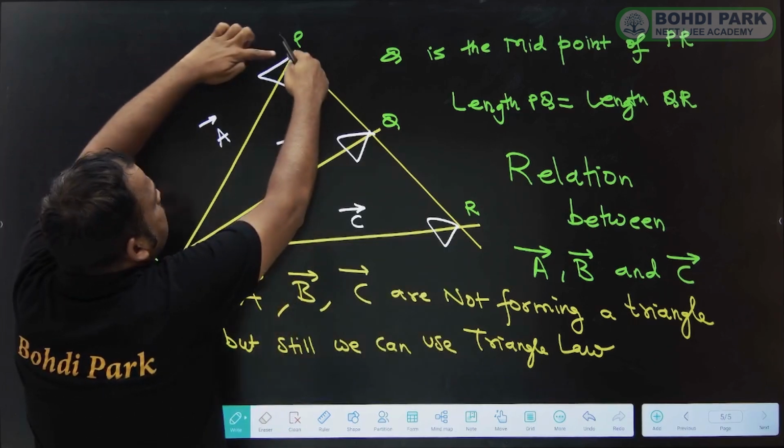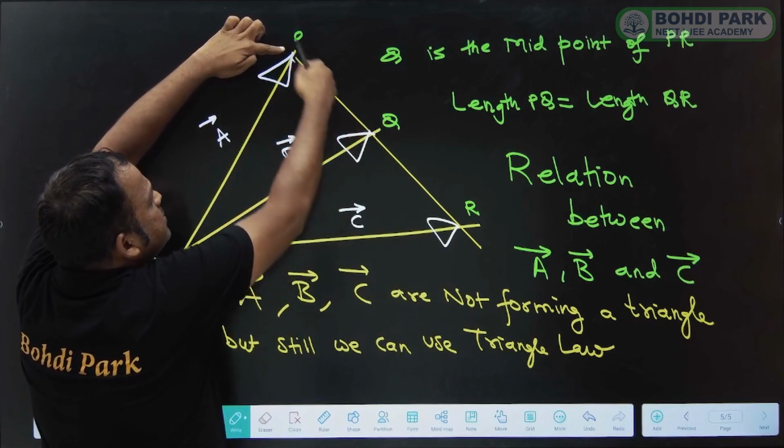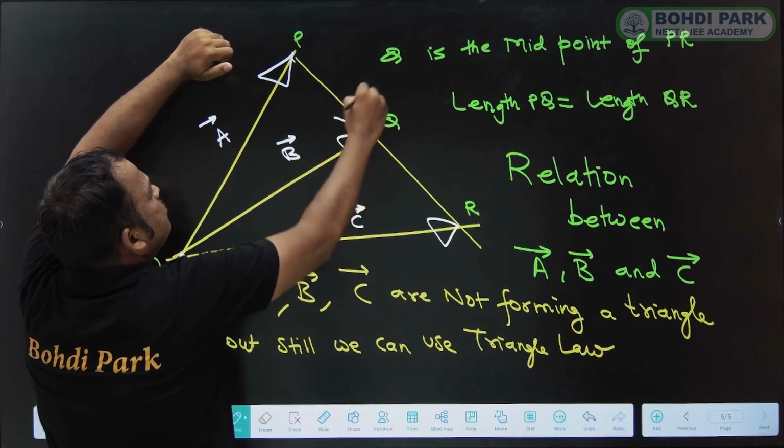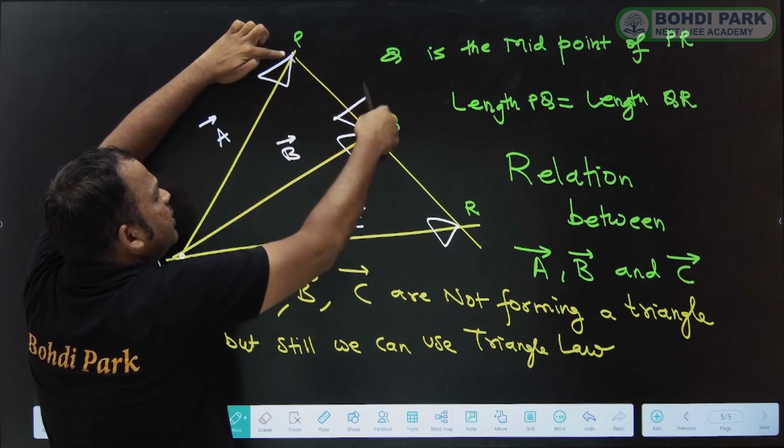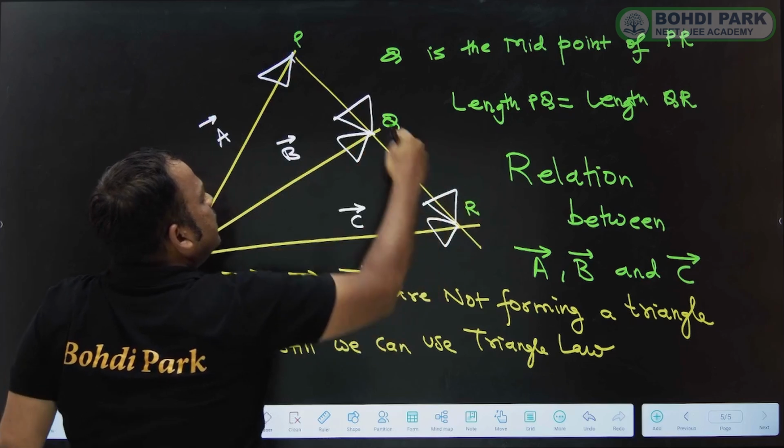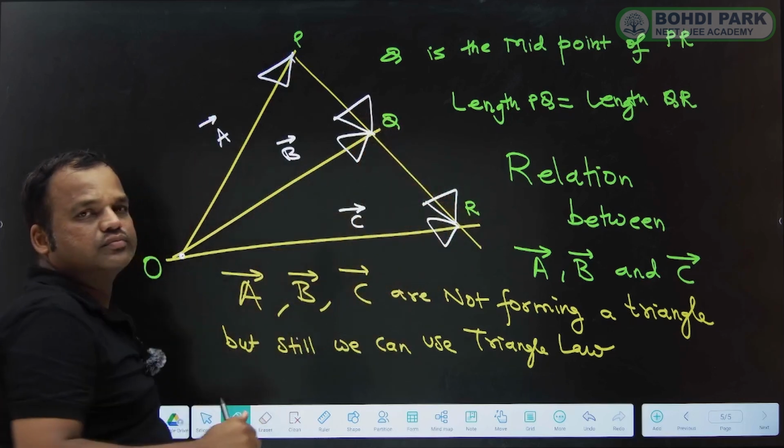So we know that P and Q are the points and this is a line segment. So we can assume this vector as PQ vector and we can put another arrow here. So this is QR vector.